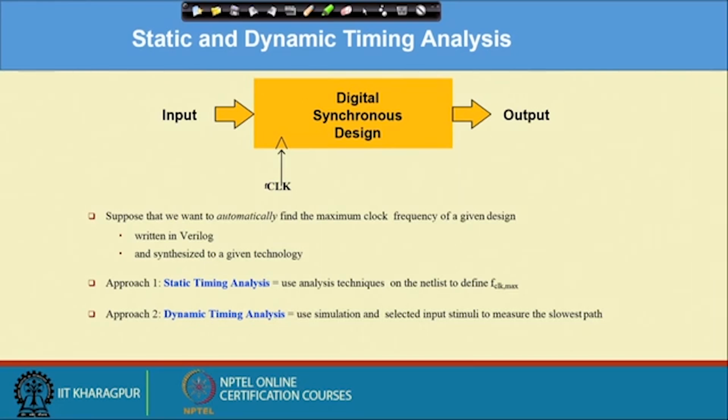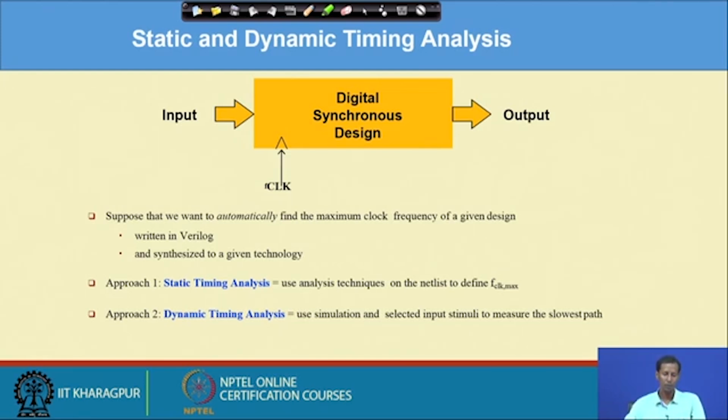Whenever we are doing this timing analysis, why do I need to do it? Because we need to find out this f clock. In this particular system, the f clock is the clock which is connected to each of the synchronous elements present within this digital synchronous design.